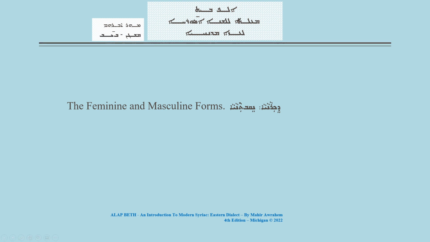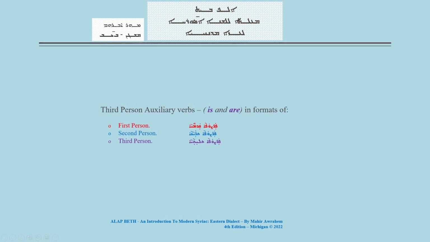The third person auxiliary verbs is and are. We need to learn those now, in the form of first, second, third person. First person we call parsopa kamaya. Second person parsopa trayana. Third person parsopa tlithaya.